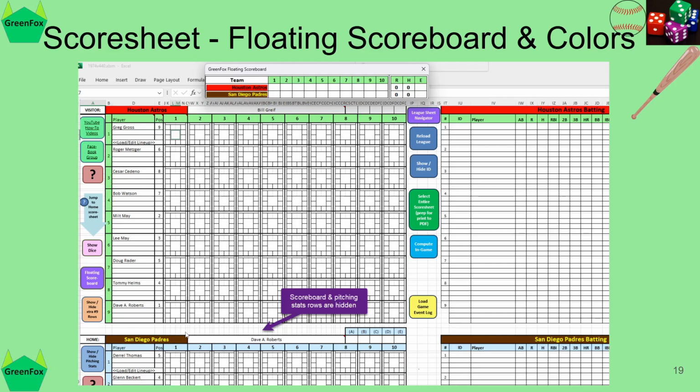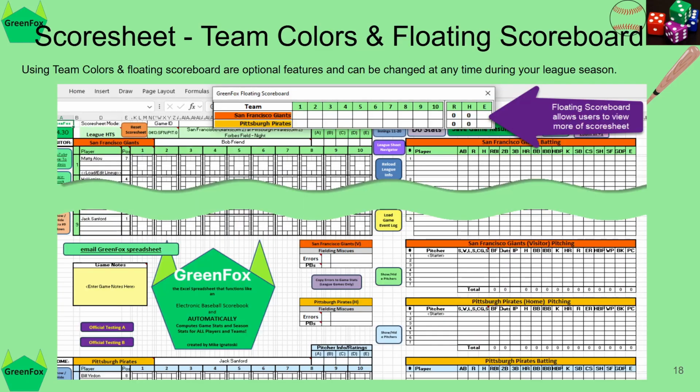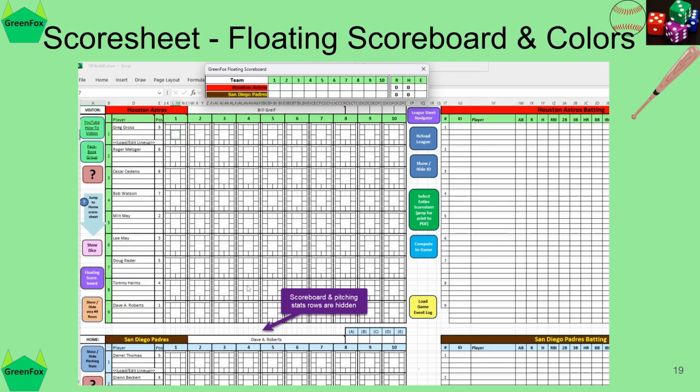And that just gives you more room on your screen to see more of your score sheet. And that's typically what most users want. The main reason I use it is just so that I can see more of the score sheet on my monitor.